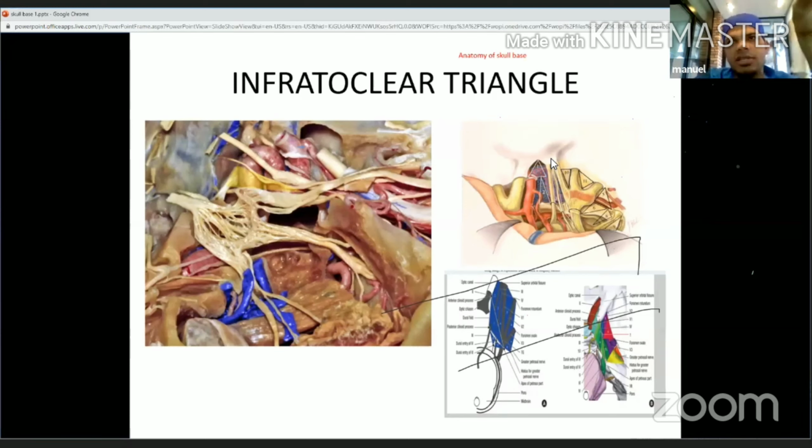Why is this triangle so important? It's because it permits the abducens nerve to be completely exposed and enter Dorello's canal to go through the superior orbital fissure also. We can enter to anomalies of the ICA, the internal carotid artery. Okay, next, John, please.